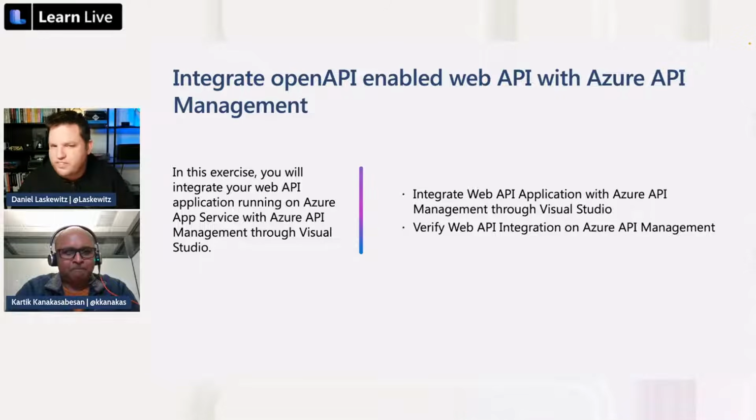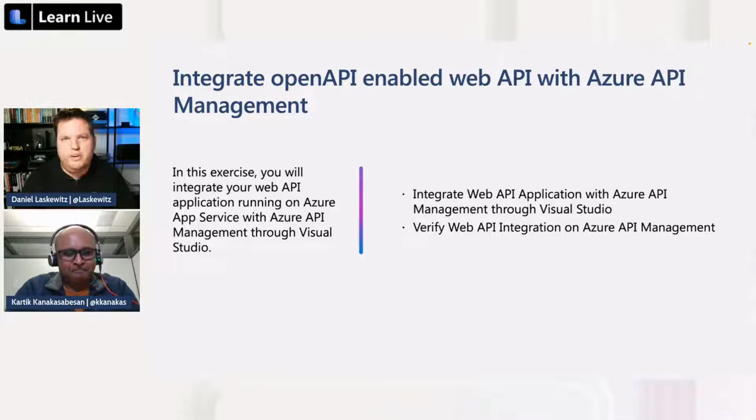So whenever you create an Azure API Management instance, there are multiple versions of it, right? I think we have a developer plan, which is really good for when you want to try it out. And that's also a lot cheaper.